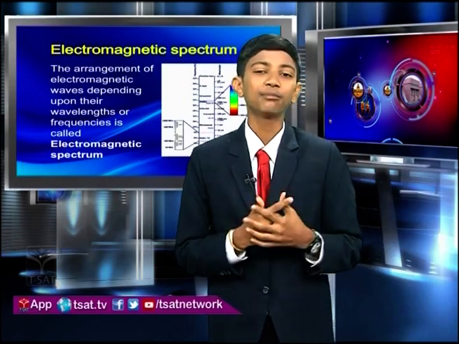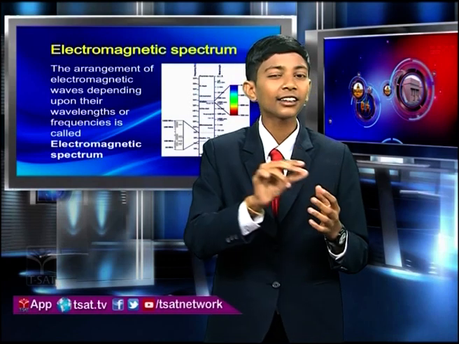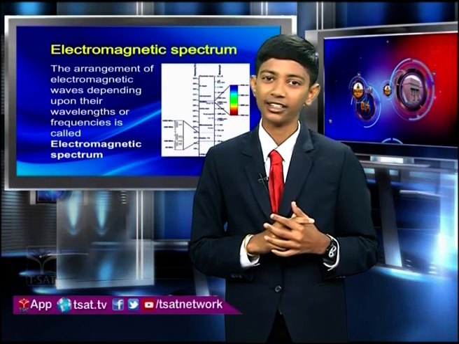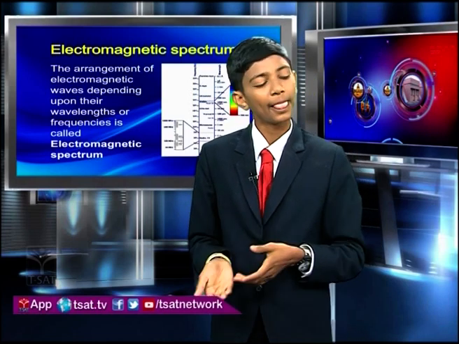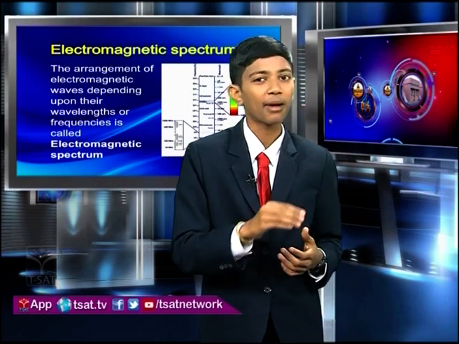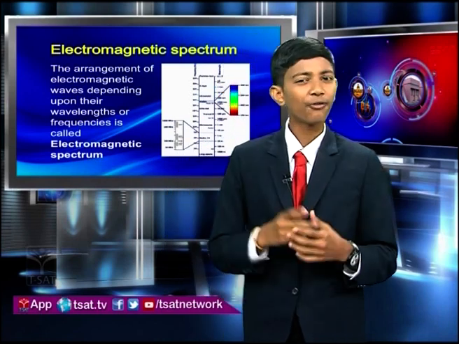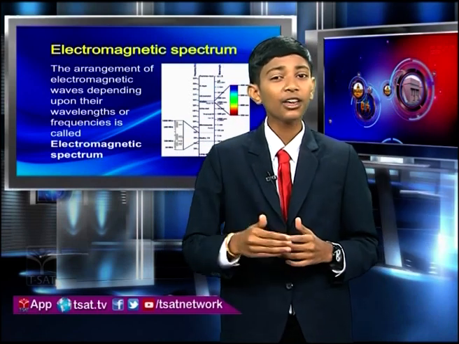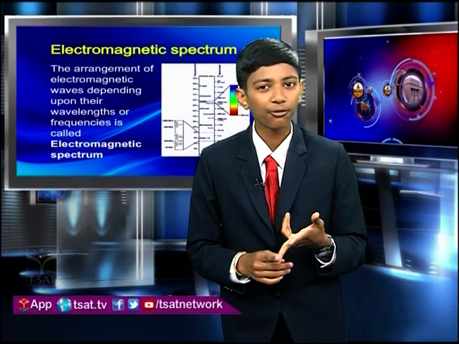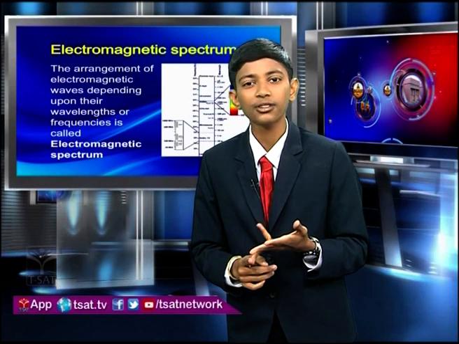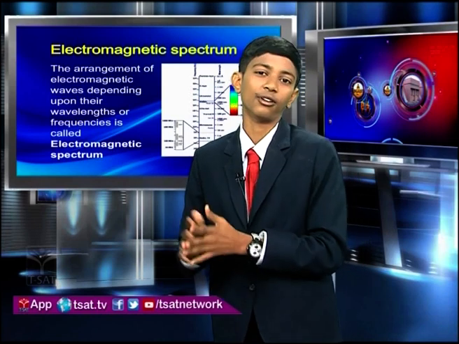Now, that is my topic, the characteristics of the electromagnetic spectrum. Before entering into the characteristics, let us learn about the electromagnetic spectrum. So far in our lecture, we have discussed what a wave is, the types of waves, parameters of waves, and electromagnetic waves.